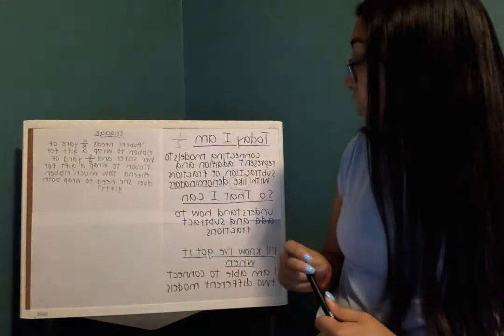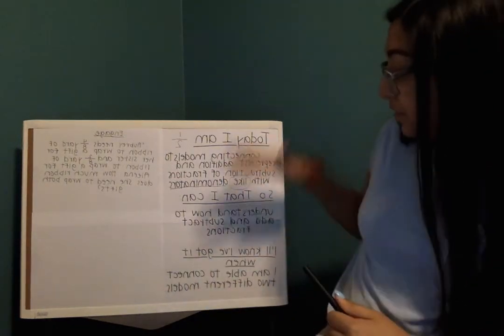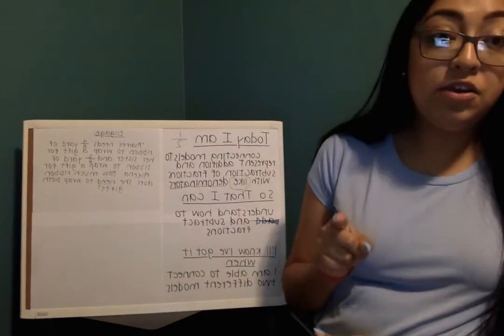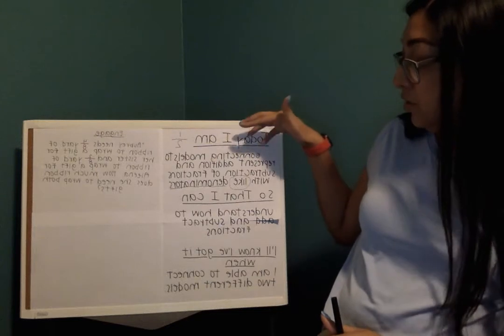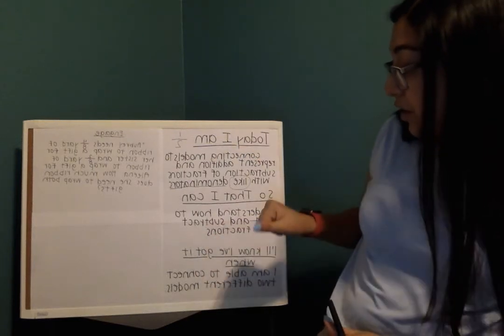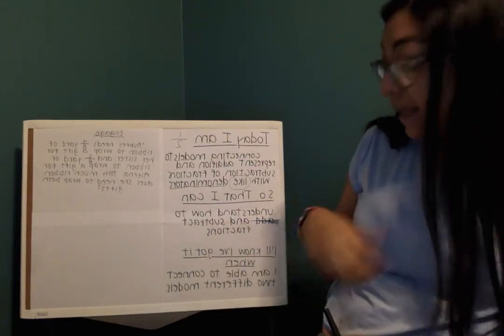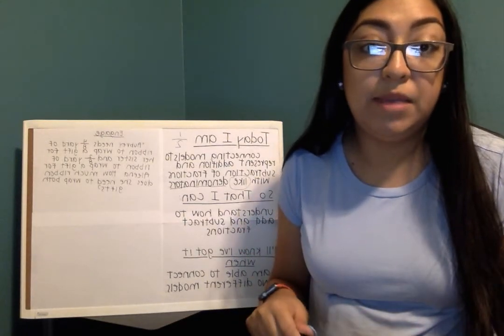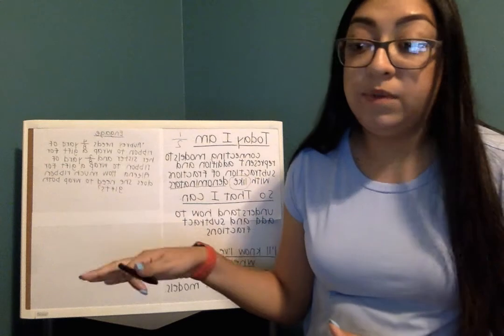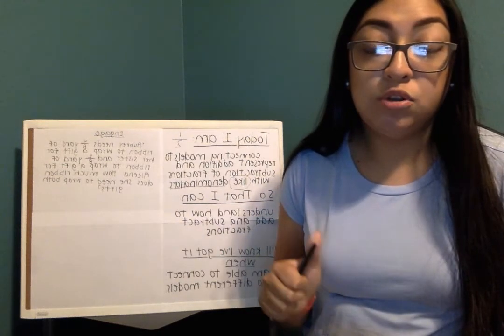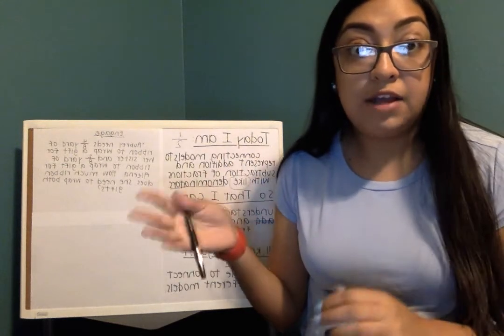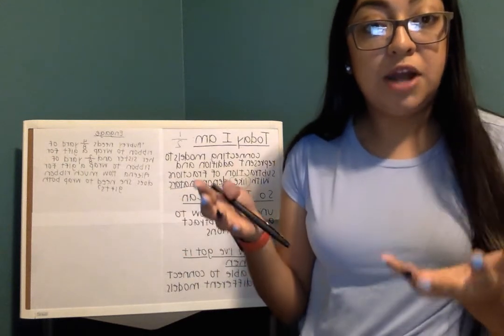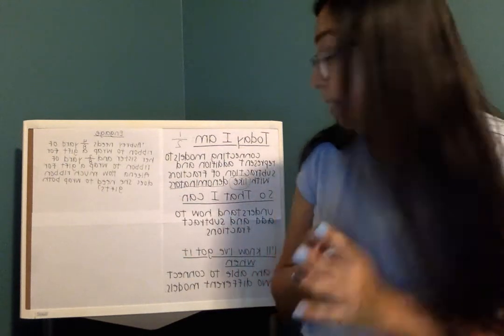All right. So then we're going to go down and continue on so that we're going to be able to do that. We're going to do this so that you can understand how to add and subtract fractions. So for today's lesson, at the end when we finish, we're going to be able to add fractions and subtract them with the same denominators.